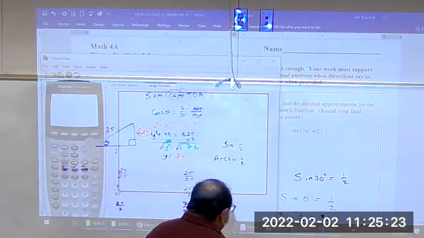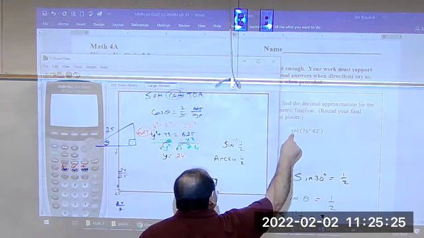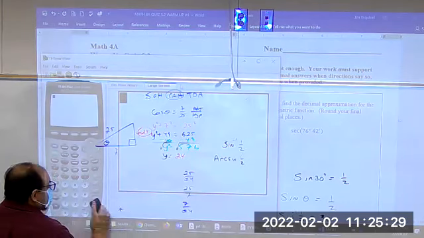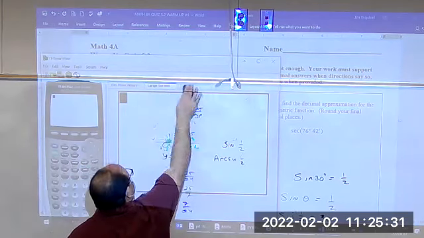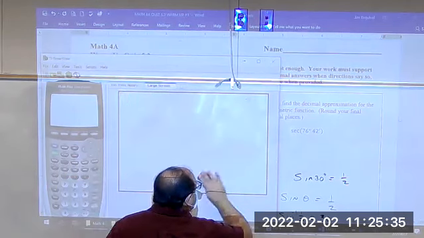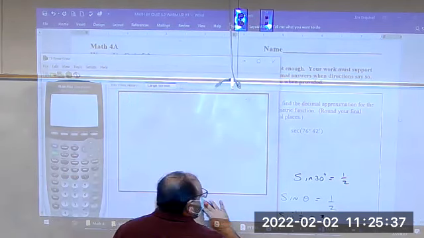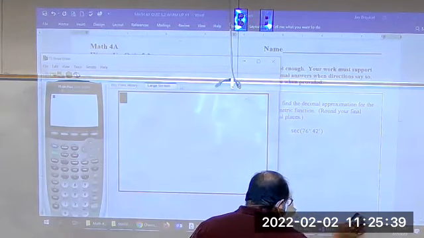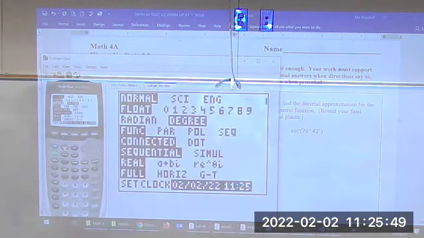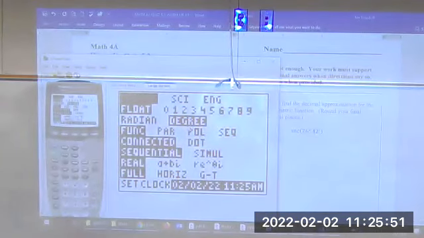So you don't have a secant button. But you have to take the secant of 76 degrees, 42 minutes. The first thing I'm going to do is make sure my calculator is in degrees, or this whole thing's going to fall apart. Mode, and I'm in degrees, so I'm making sure degrees.